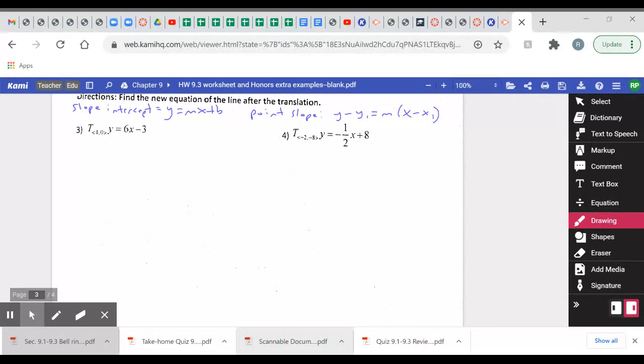All right, so the first thing we're going to do is name a point on the pre-image. So one point on the pre-image is, I can basically use this number right here, the y-intercept.